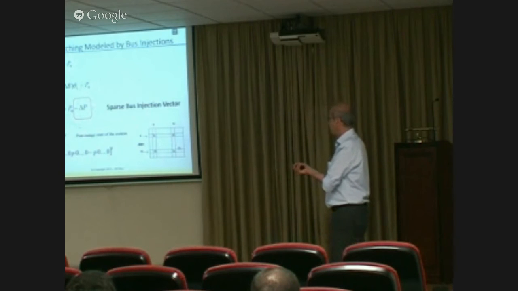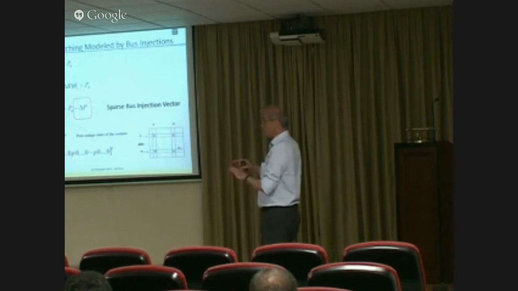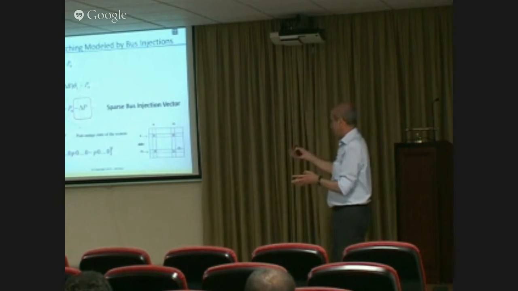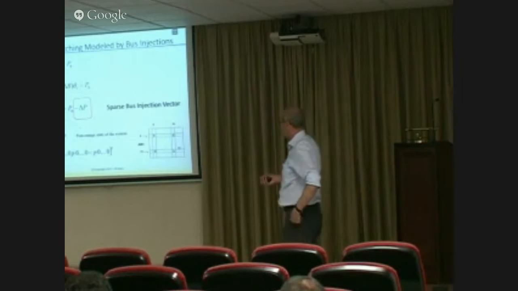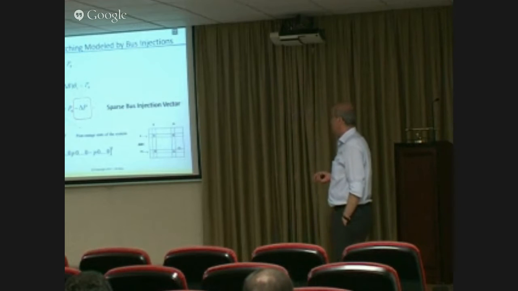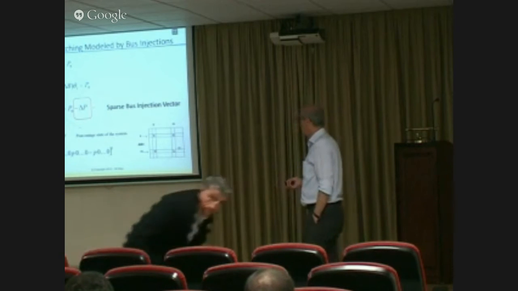So the question is, if we are not observing the entire theta 1, we are only observing the ones corresponding to our internal system. And of course, the same thing is true for the external system. We are not observing the changes in the external system injections. So if we are just observing the internal system state, can we actually solve for these unknowns which are happening in the external system?